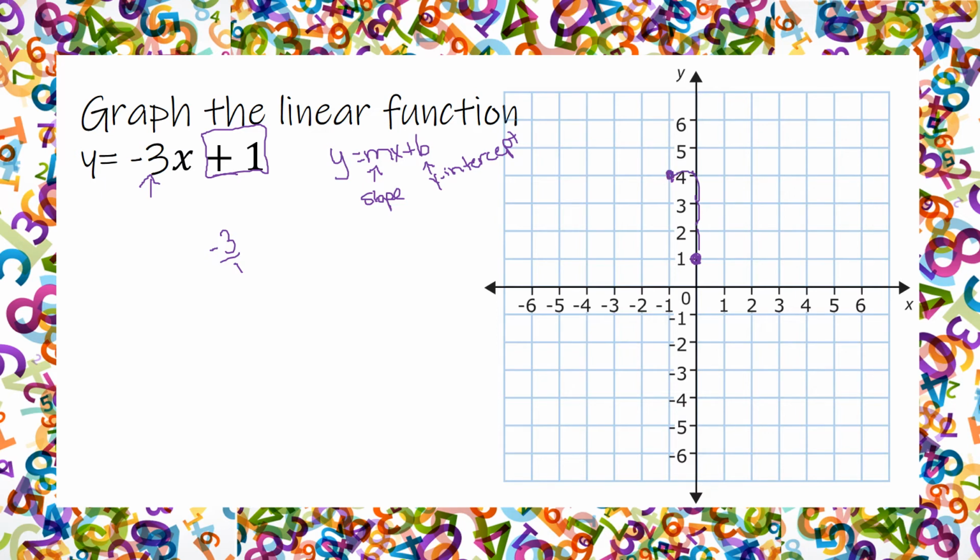You could also go down 1, 2, 3, and to the right 1. Notice that these lines that have a negative slope do go up to the left.